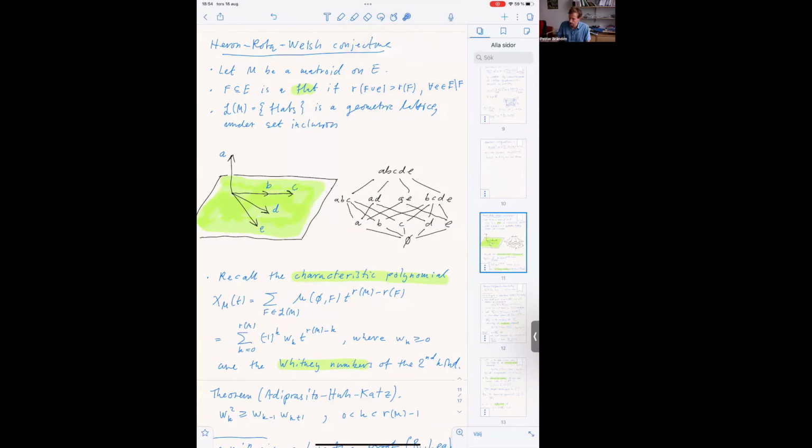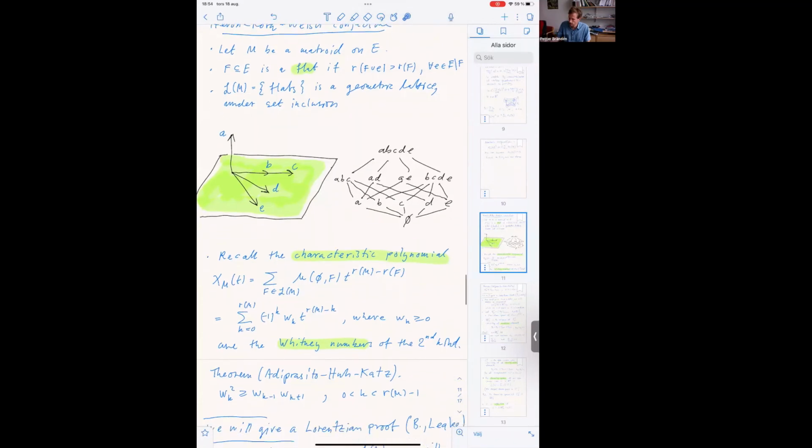So again, we have a matroid on E, and then a flat. Recall that this is just a subset of E, so that with this property that if you add anything outside of F, then it increases in rank. So you should think about subspaces.